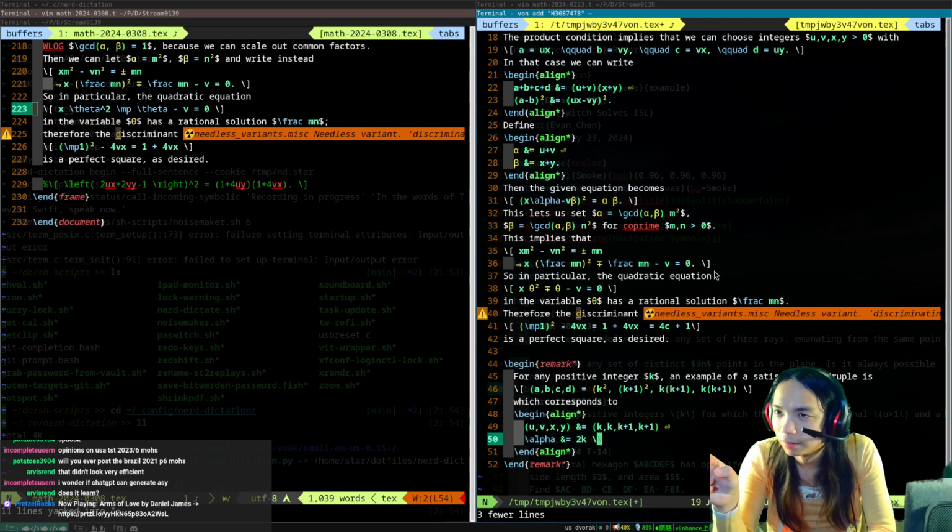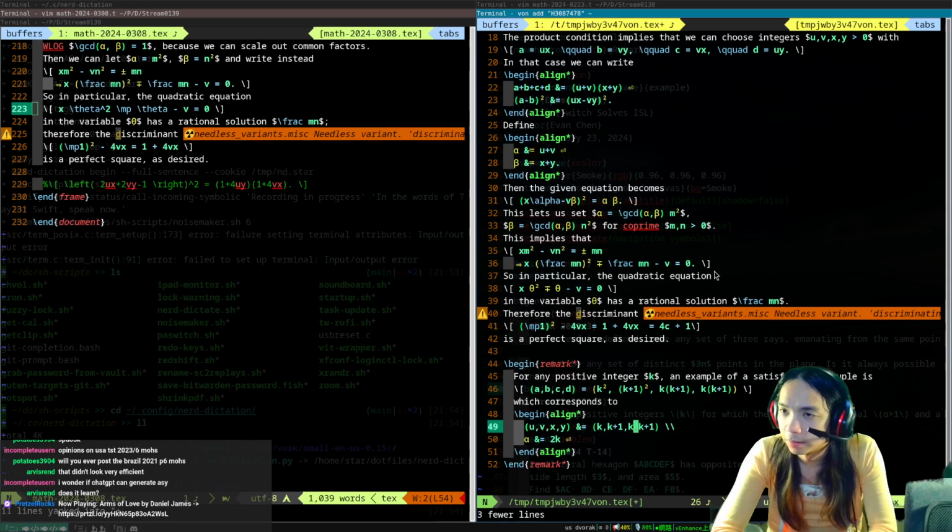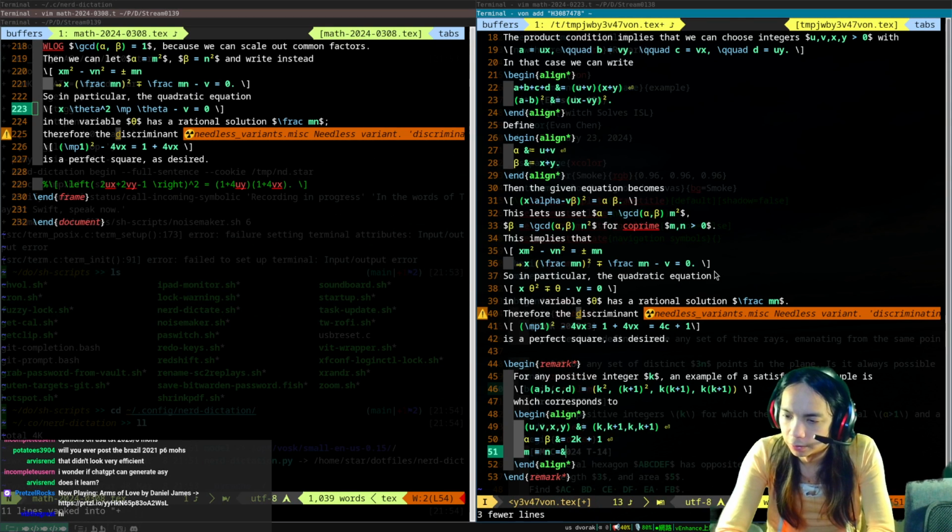I'm not very good at this kind of thing, so I tend to mess it up a lot. Yeah, I already screwed up. It's like k plus 1, k plus 1, right? UX is VY, VX, VY. And then these are both equal to 2k plus 1. And then m equals n equals 1. Which is what we want.